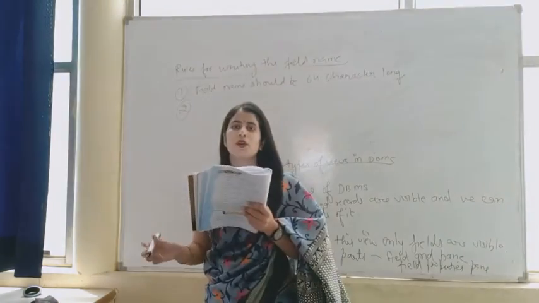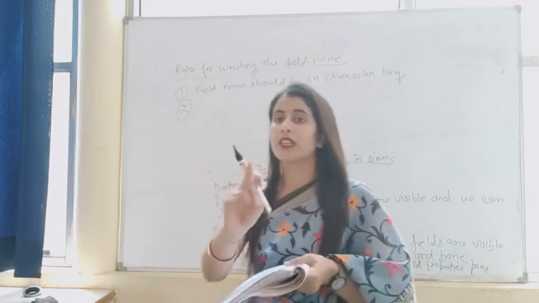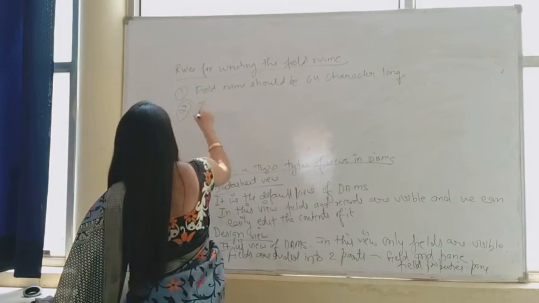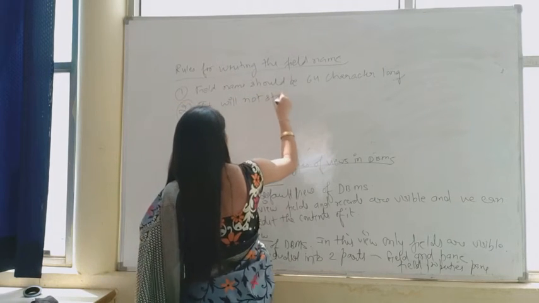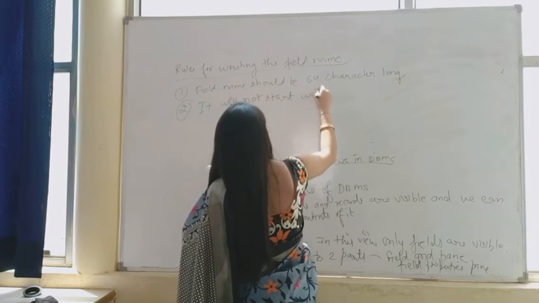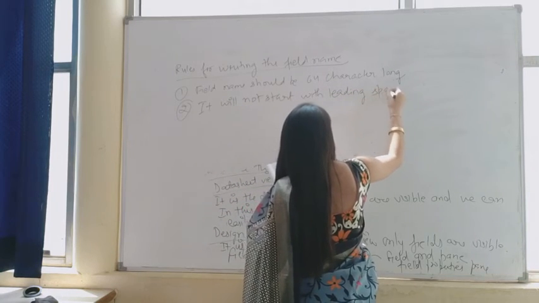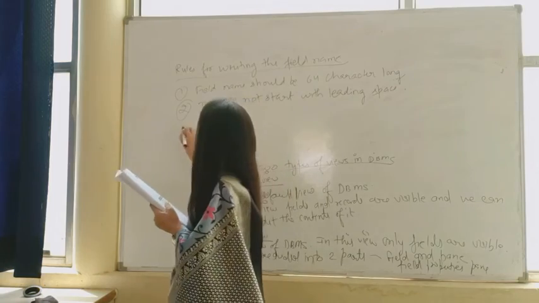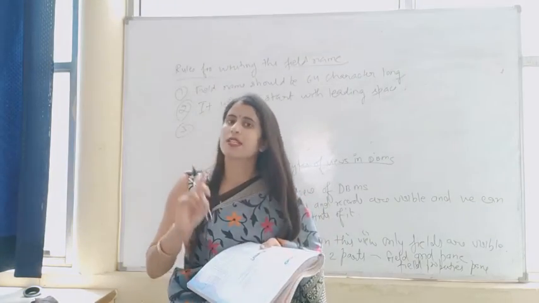In the second rule we will write here, it will not start with leading space. Okay, it will not start with leading space. Next one is, it can have space but it will not start with space.